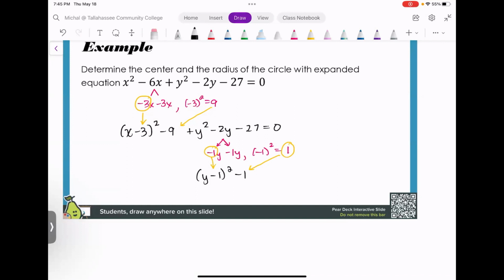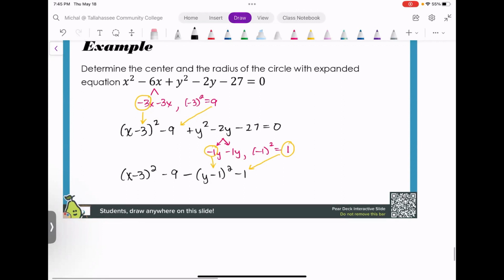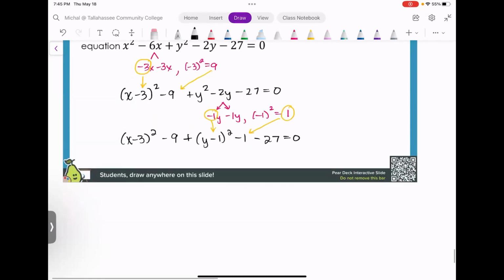So altogether, what I have is (x minus 3) squared minus 9 plus (y minus 1) squared minus 1 minus 27 equals 0. I need to combine all my constants together. So negative 9 and negative 1 is negative 10, minus 27 is negative 37.